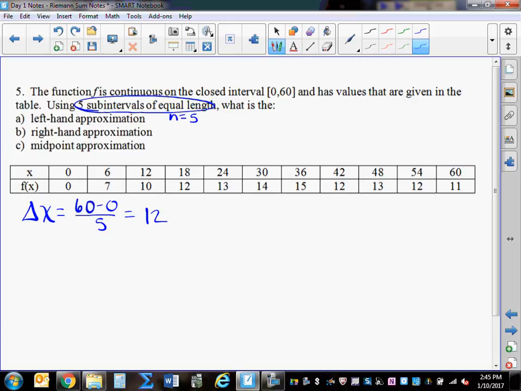So I'm going to go ahead and use this. So we go from 0 to 12, 24, 36, 48, 60. 1, 2, 3, 4, 5. All right. So part A, left-hand approximation.